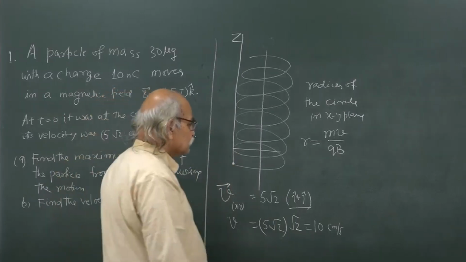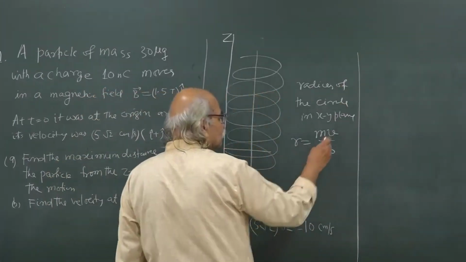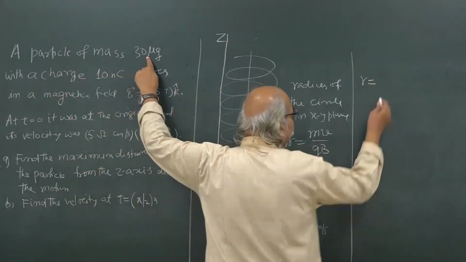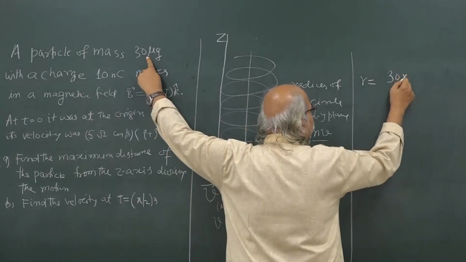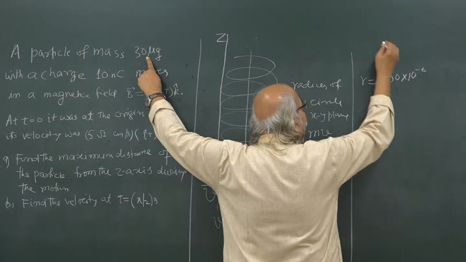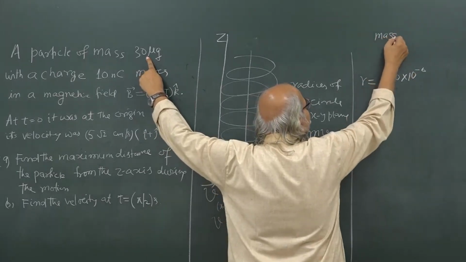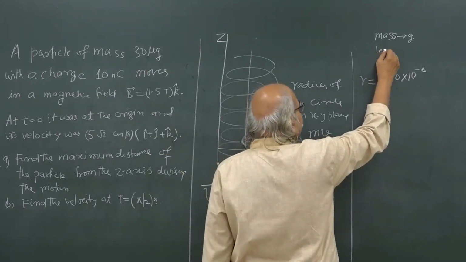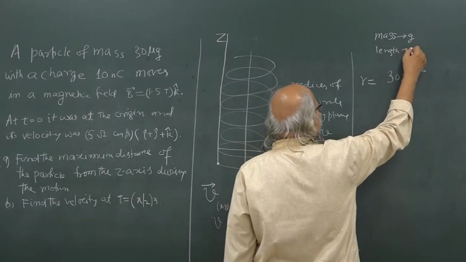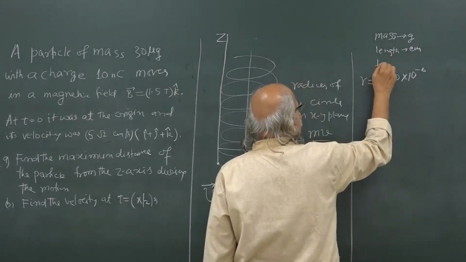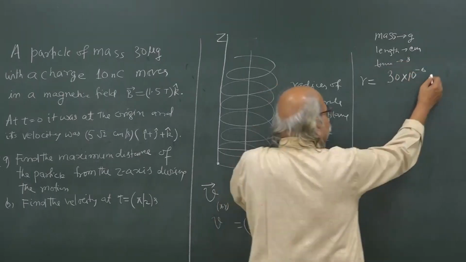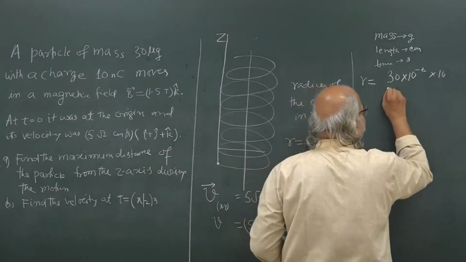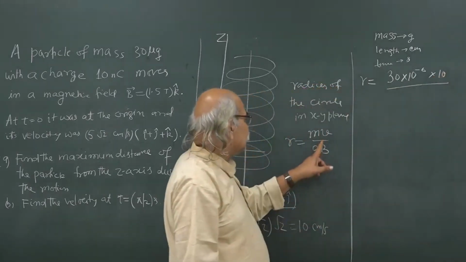So, if you calculate this r, how much is this r? Mass of the particle is 30 micrograms. So, we are taking mass in grams and length in centimeter. If I do not write the unit, you assume that it is this, and time is in seconds, into v. v is 10 centimeter per second, and then divided by q.